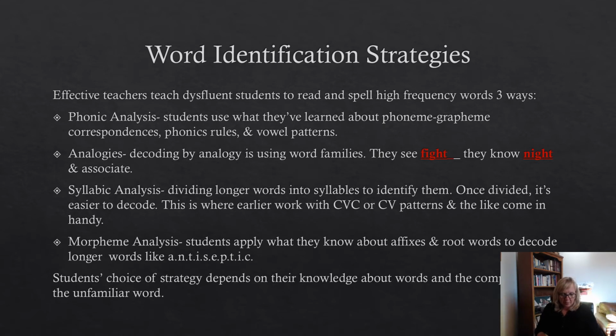When we're talking about word identification strategies, there is a lot in your book on word identification strategies. Beginning on page 189, it talks about things like using phoneme, grapheme correspondences, so that you're working on the sounds and the writing of the sounds.